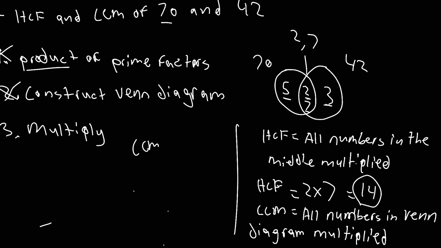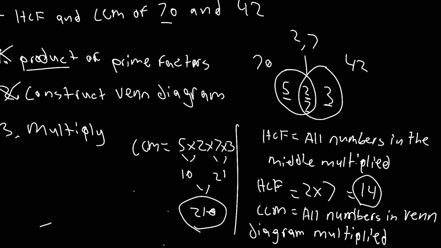The lowest common multiple would just be 5 times 2 times 7 times 3. So 5 times 2 is 10, 7 times 3 is 21, and then 10 times 21 is 210. And this is the lowest common multiple of 70 and 42. And that is step 3 done with multiplying, and we now have our lowest common multiple and highest common factor.